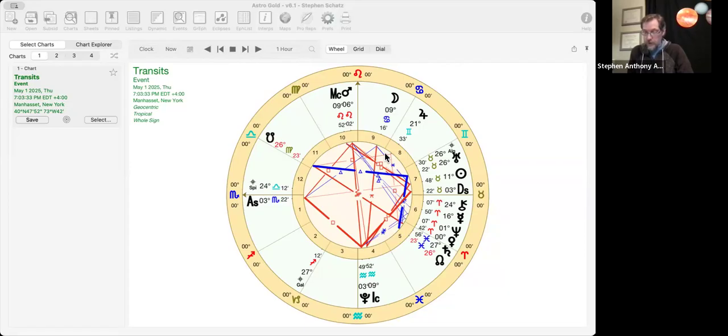There are no obstacles in their way, and it doesn't mean it's necessarily a good thing, and it could be a bad thing, because actually if you have too many trines in a chart, you can become lazy and inactive.